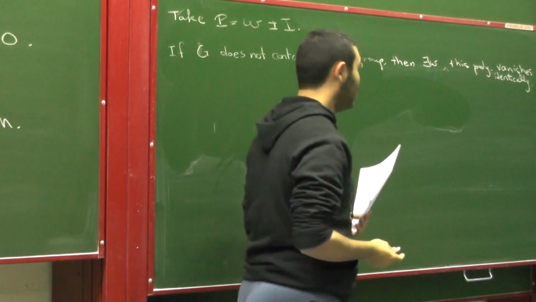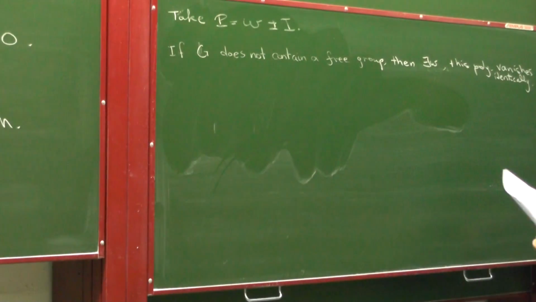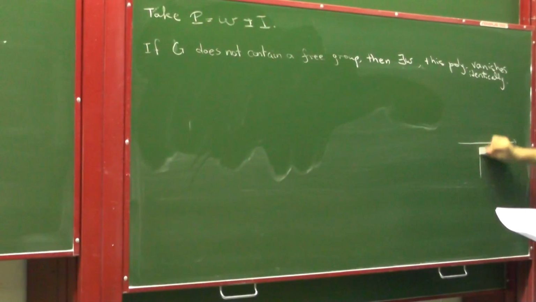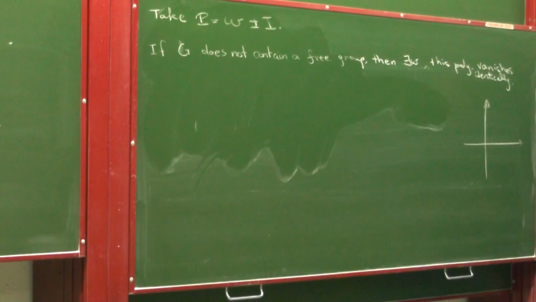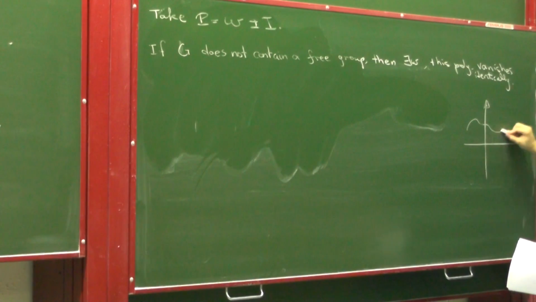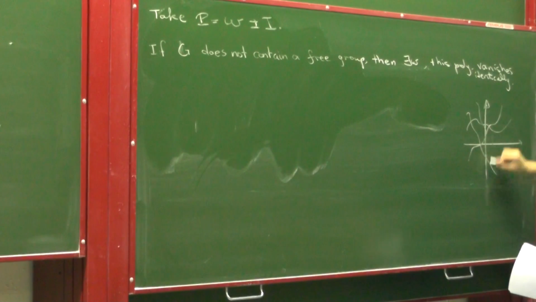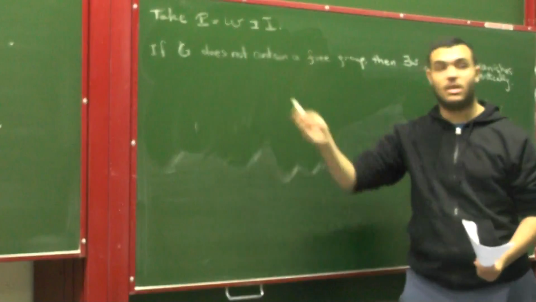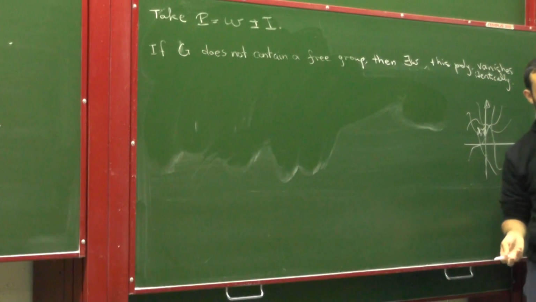Maybe I should explain why. If this is not the situation, meaning that all polynomials do not vanish identically, then geometrically each of those gives me something of lower dimension. So I have this one, this one, countably many, all of lower dimension. So I can find a point which does not sit in any of them. So maybe x, y, these two elements of G, make all these polynomials not vanish simultaneously, meaning that they generate a free group.